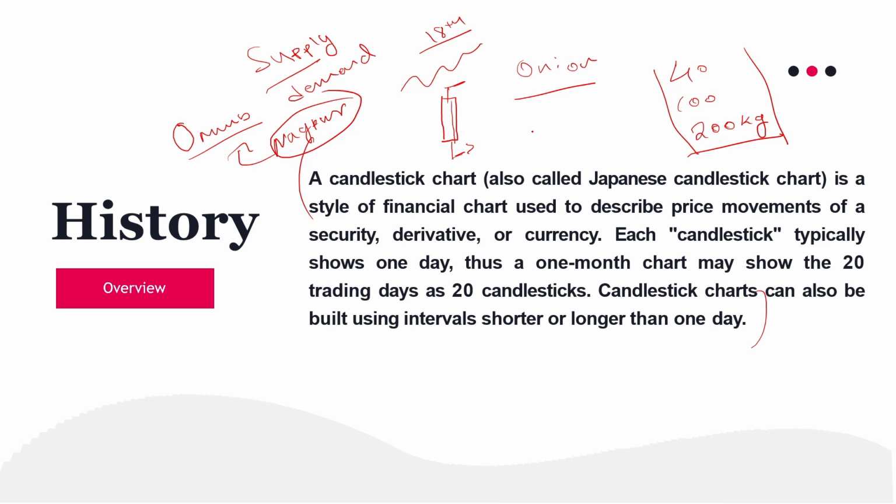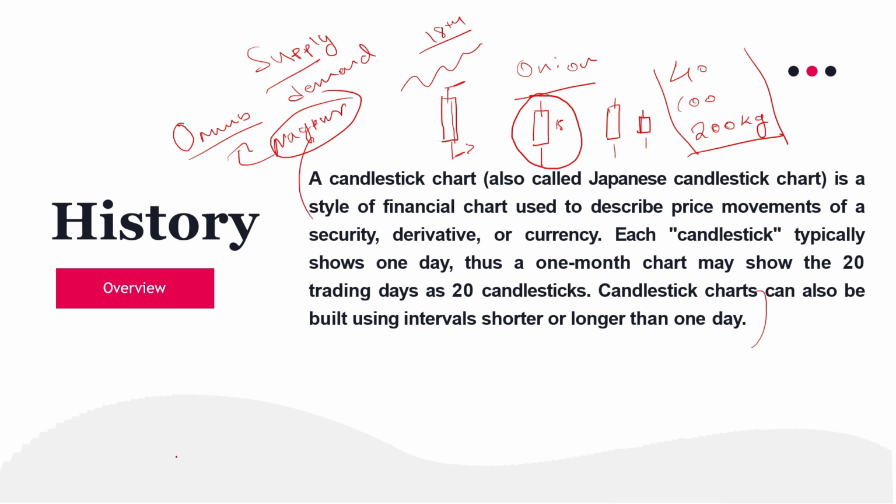A candlestick can be of many types. One candle can be of 15 minutes, so in that particular interval of 15 minutes, everything that has happened can be shown in one candle. It can even be of 5 minutes, or of 1 minute.